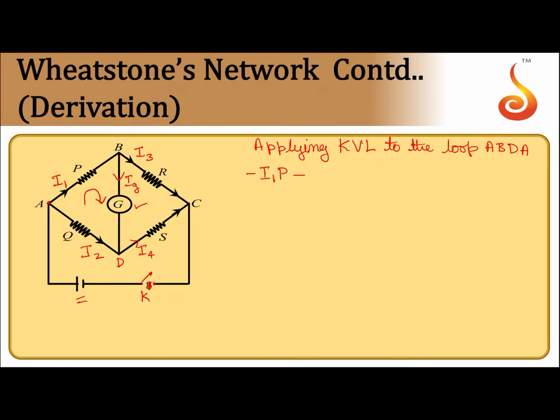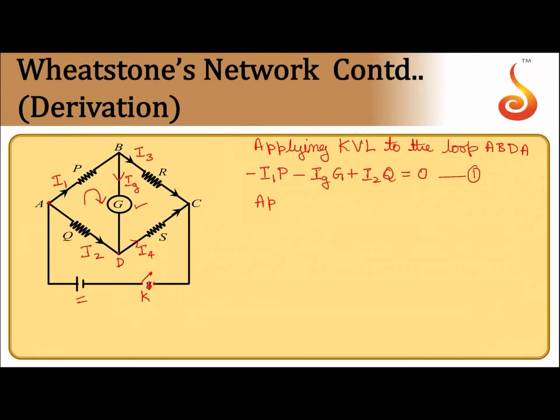Then again negative in the direction of current, Ig into G, let us say the galvanometer resistance is G. Then against the direction of current from D to A, plus I2 into Q is equal to 0. Let us call this equation 1.